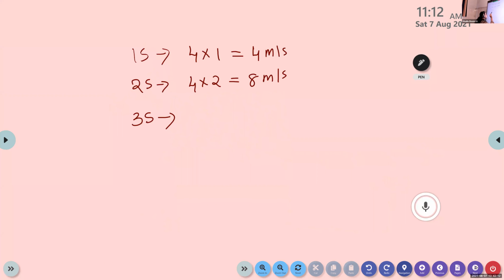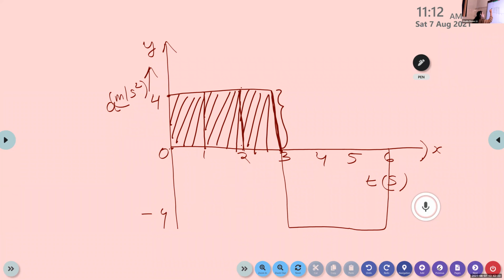So the equation becomes 4 into 3, that is equal to 12 meter per second. From this observation, it is very clear that the area of this entire portion is equal to 12 meter per second.